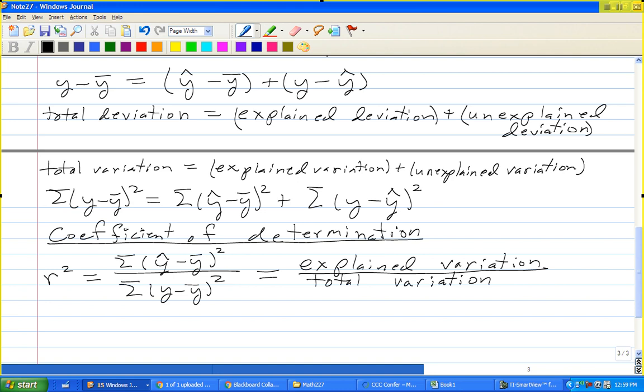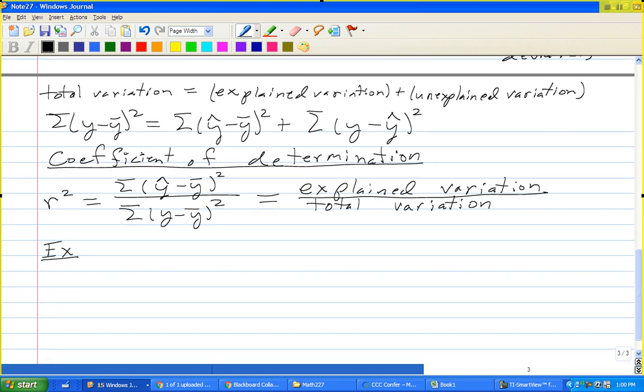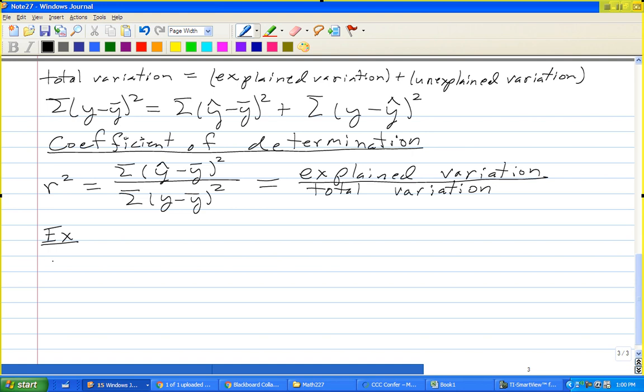So let's do an example. Suppose x is the shoe length and y is the height.